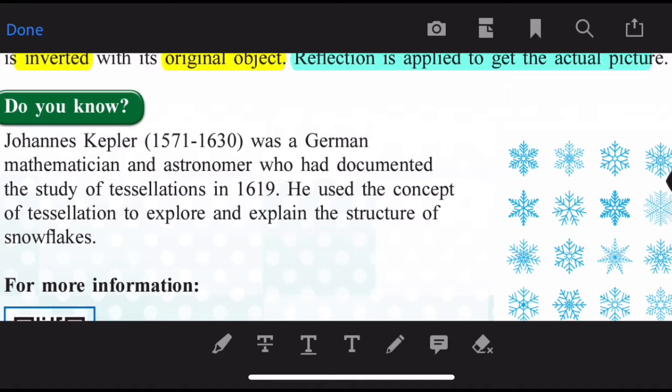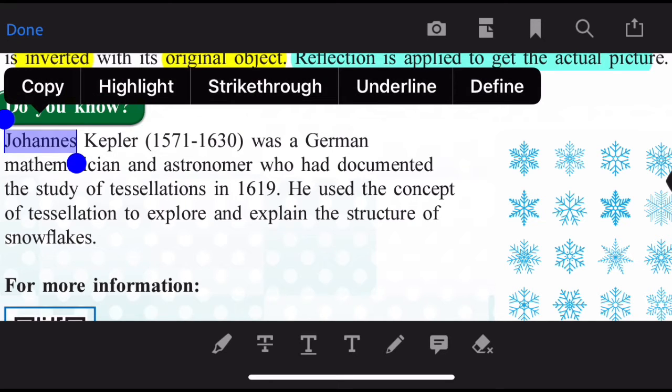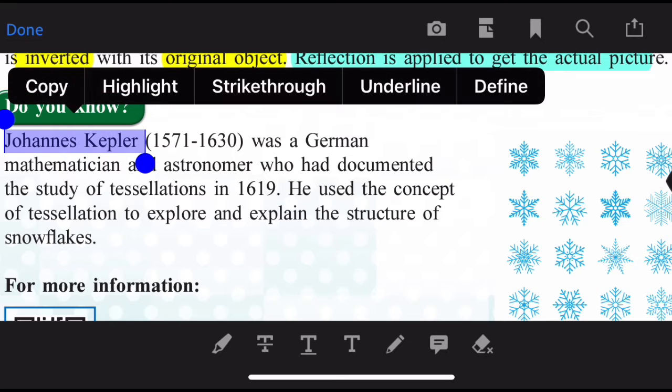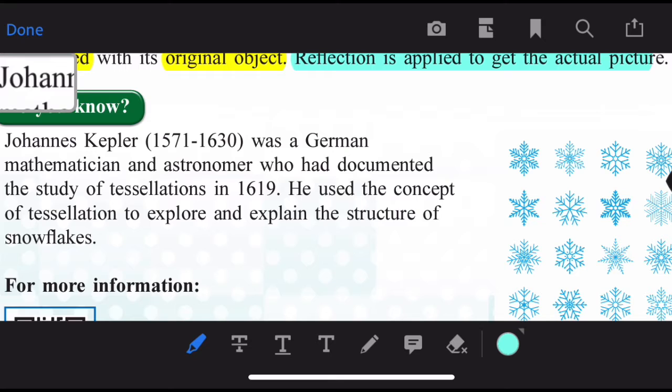Okay, do you know Johannes Kepler was a German mathematician? Johannes Kepler, right? Okay, so let's highlight the keywords.